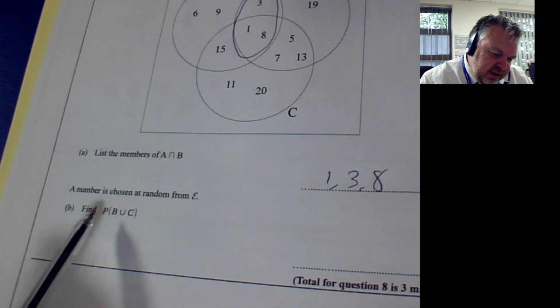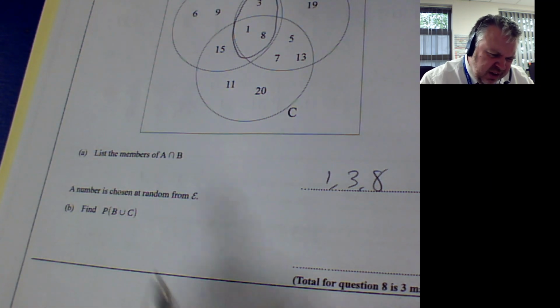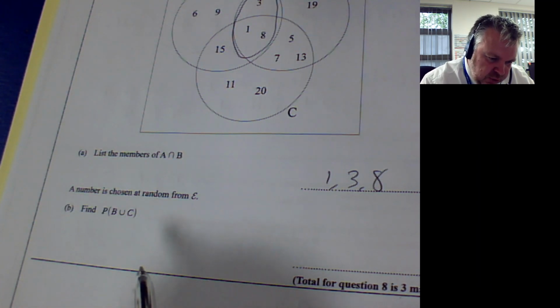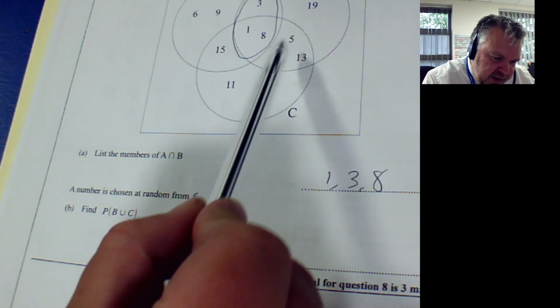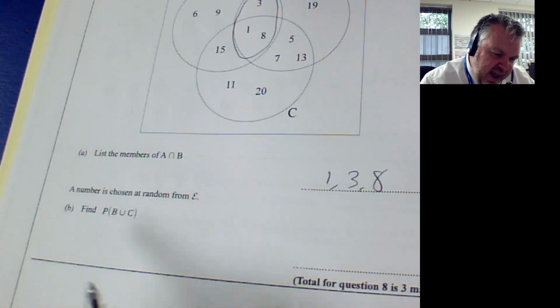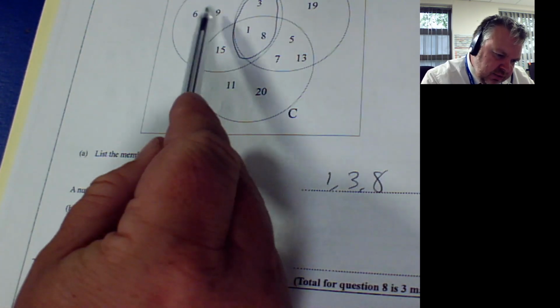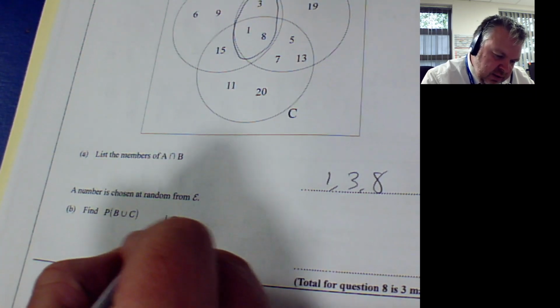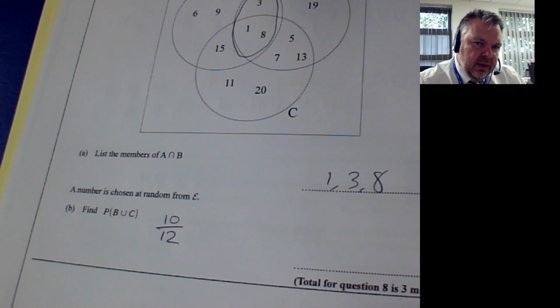Find the probability that it's in B or C. Okay, so I literally just need to count the numbers that are in B or C. So I've got 1, 2, 3, 4, 5, 6, 7, 8, 9, 10. So I've got 10 of those and 2 here. So that's 10 out of 12, giving me 5 over 6.